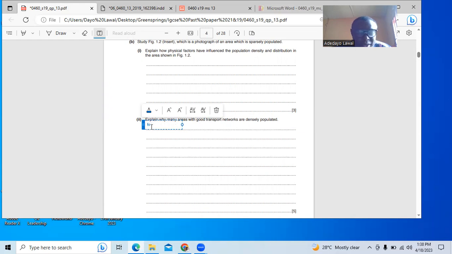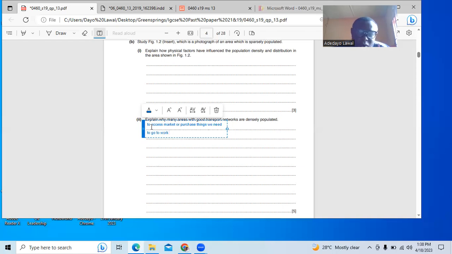Of course, to access markets or purchase things. We need roads to go to market and to go to work.